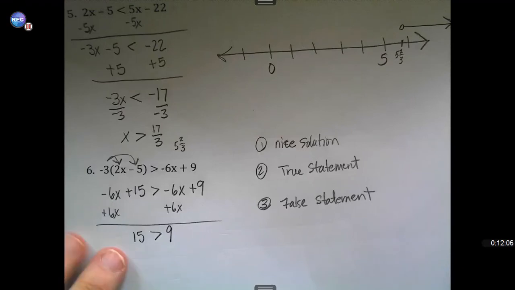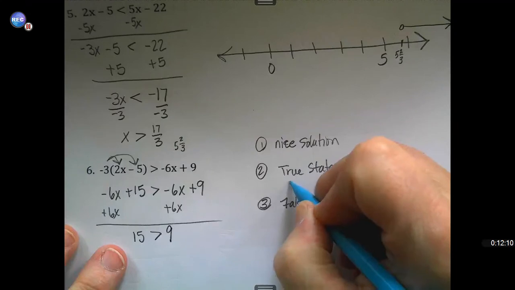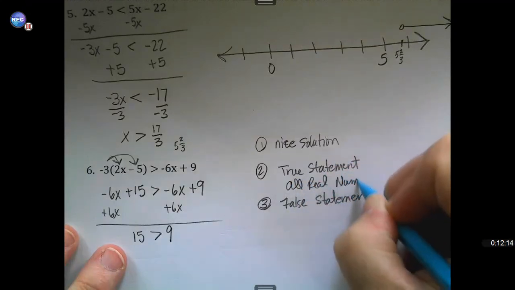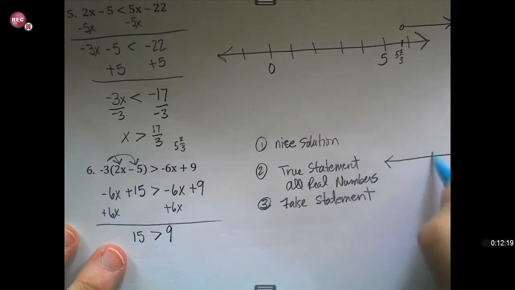But if our variables drop out and we get a true statement, the actual answer is all real numbers. And we can graph that. The way we graph all real numbers, we make our little graph.